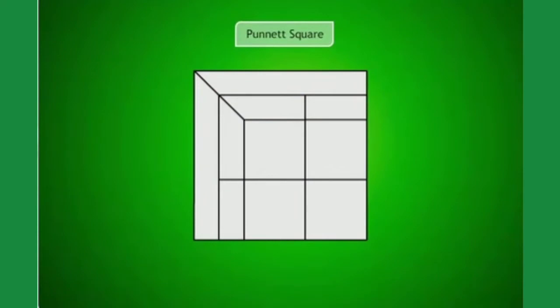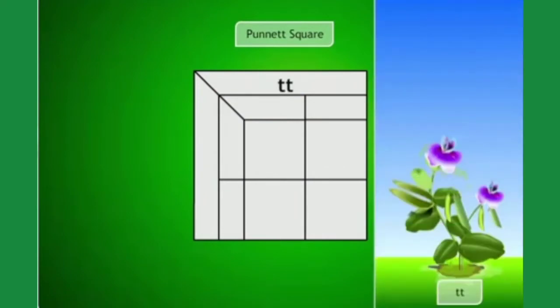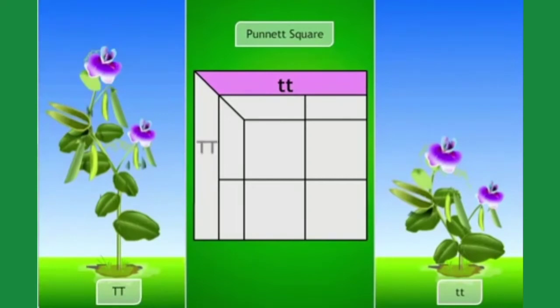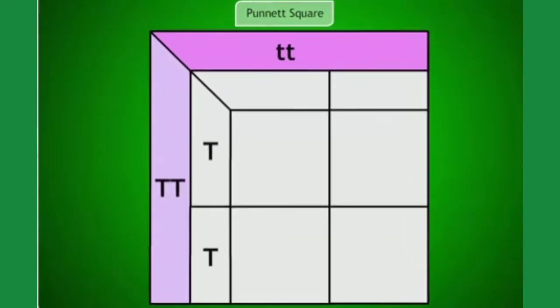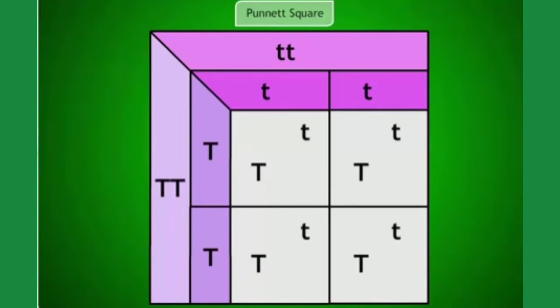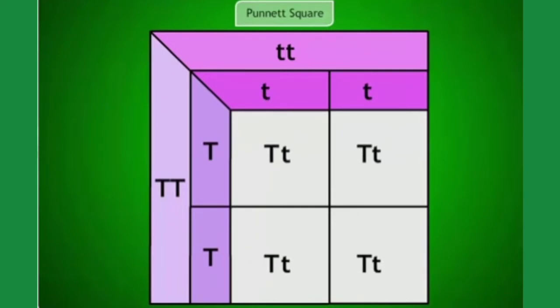Place the genetic combination of one parent along the right of the grid and the other parent along the left of the grid, and the alleles of the gametes below the parents. Combine the parents' alleles and place the offspring's possible genetic combinations in the boxes below.